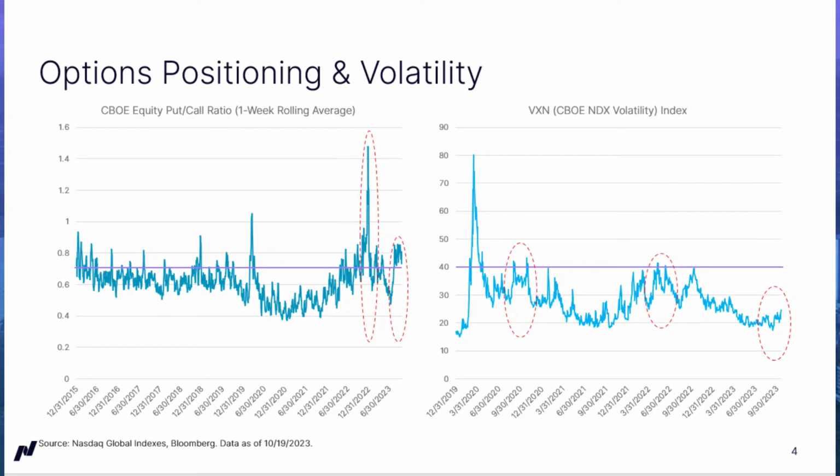You can see heading into this year, right at year end 2022, was that massive spike in the ratio to 1.5. That didn't really end up meaning all that much, right? Investors were positioned for some turbulence heading into January of this year. It was one of the biggest over-positionings of puts that we've seen historically.